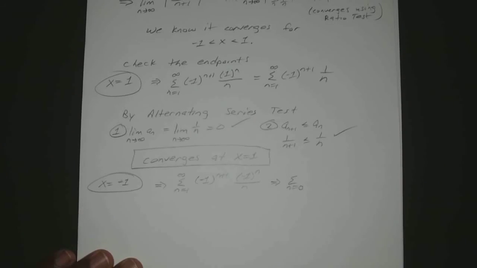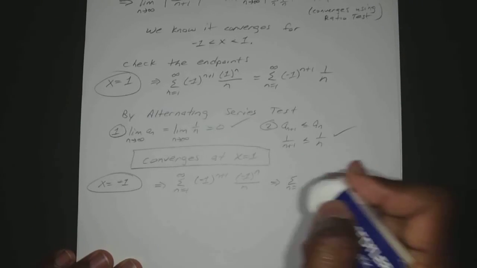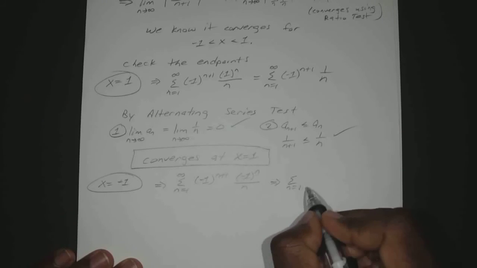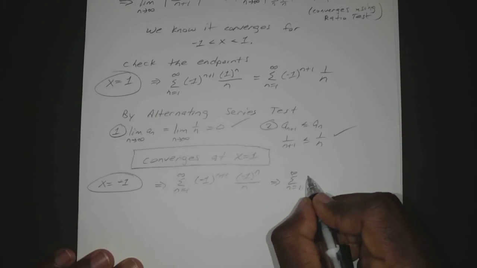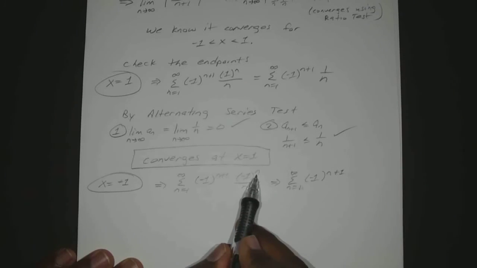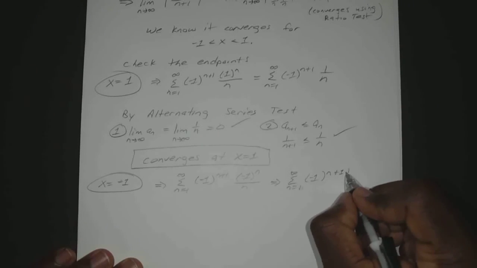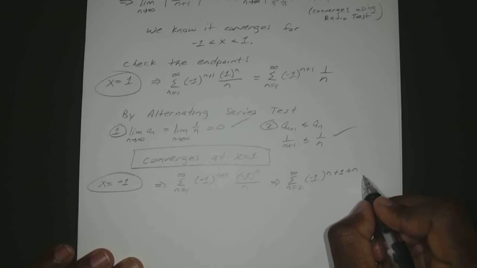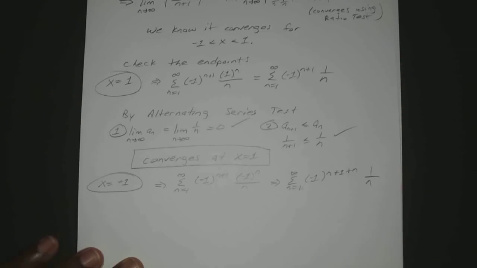Equals, n equals 1 to infinity of negative 1 to the n plus 1 plus n times 1 over n. Okay.